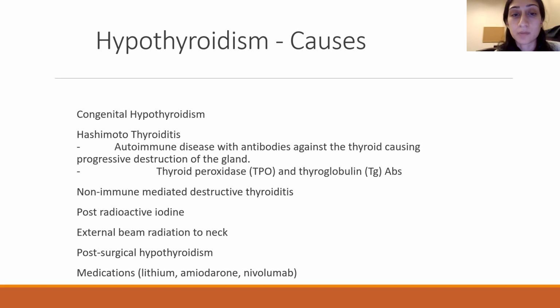TPO is thyroid peroxidase antibodies, and those antibodies will be elevated in many patients with Hashimoto's thyroiditis, though not all. These antibodies are non-specific though, so they can also be elevated in Graves' disease, which is the autoimmune form of hyperthyroidism. So if you have hypothyroidism along with TPO, that does tell you that they have Hashimoto's.